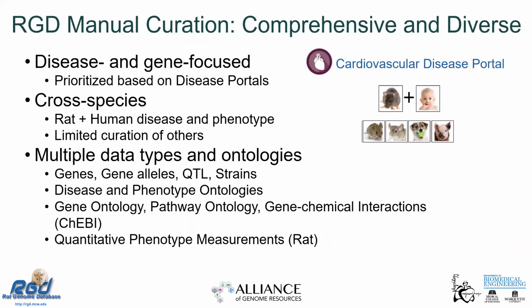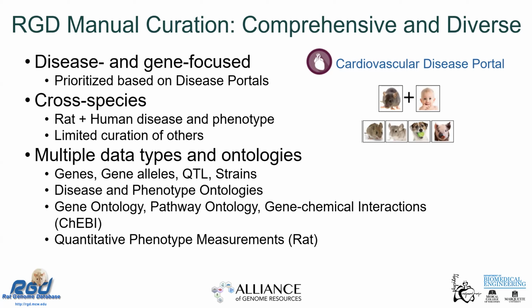So RGD's manual curation is both comprehensive and diverse, very disease and gene focused, although we are also, for rat, focused on strains, and we have done some QTL curation, although we've kind of gotten a little bit away from that.